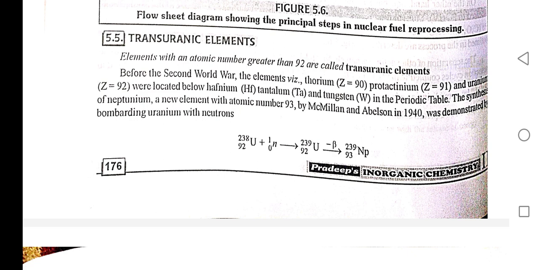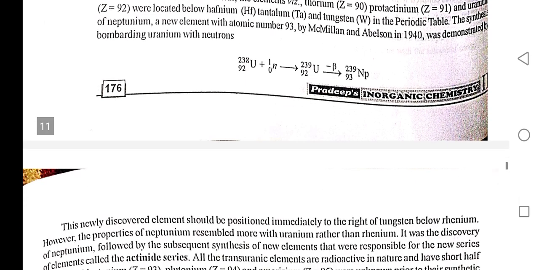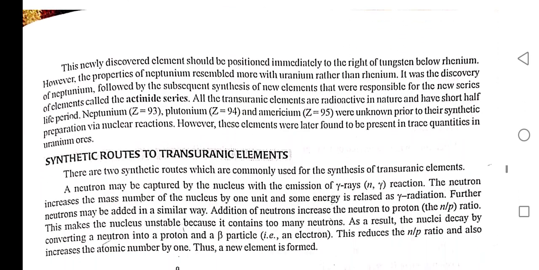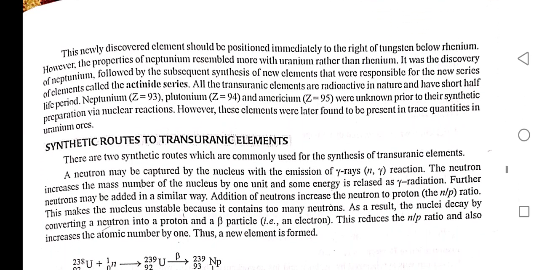The synthesis of neptunium, a new element with atomic number 93, by McMillan and Abelson in 1940 was demonstrated by bombarding uranium with neutrons. This newly discovered element should be placed immediately to the right of tungsten below rhenium.